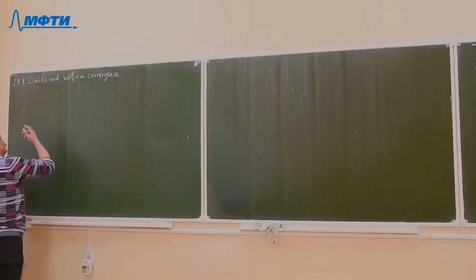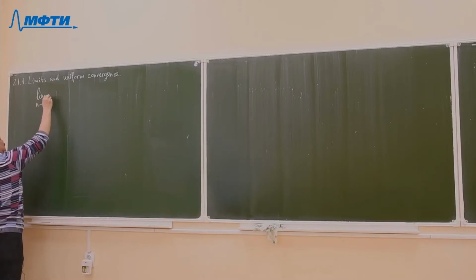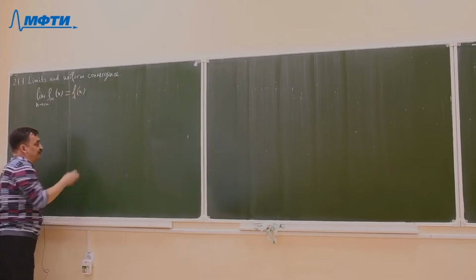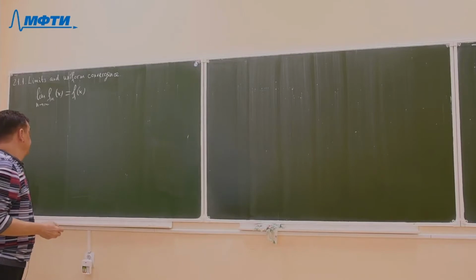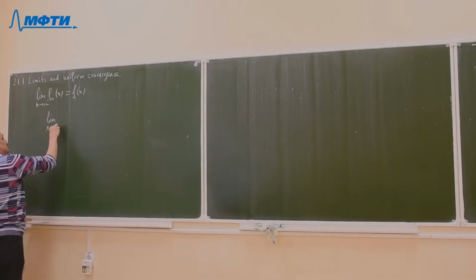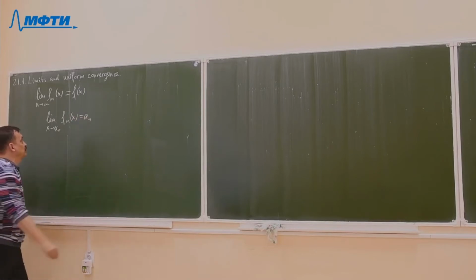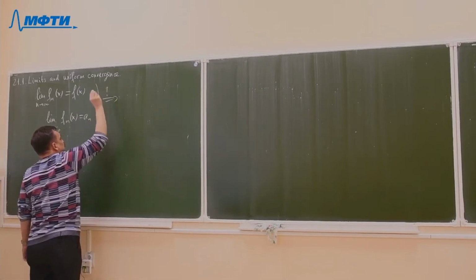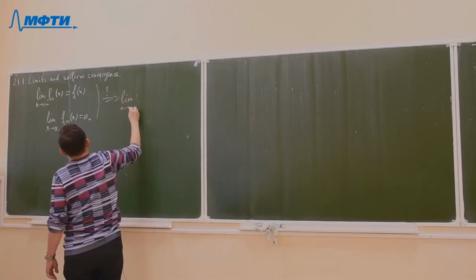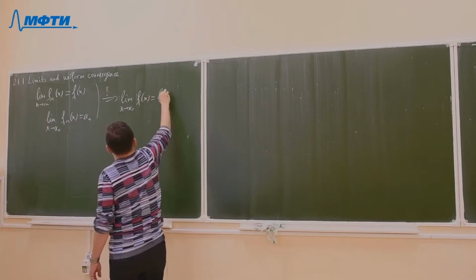Look, what do we want to do? We know there is a limit of f_n(x), which is equal to, let's say, f(x). And we know there is a limit as x tends to x naught of f_n(x) equal to a_n. The question is when the limit as x tends to x naught of f(x) equals the limit of a_n.